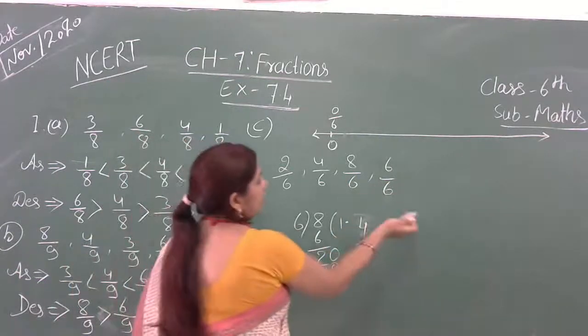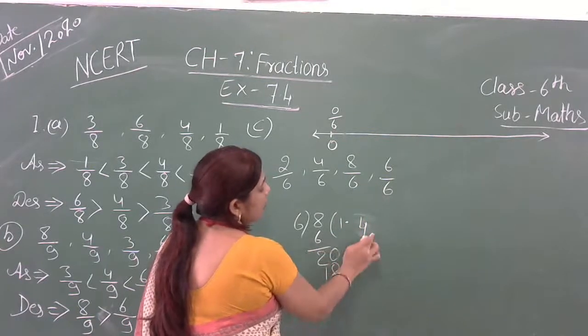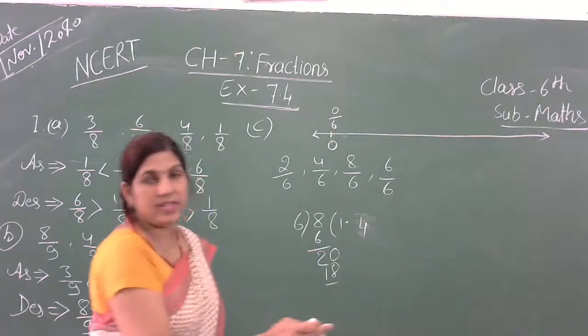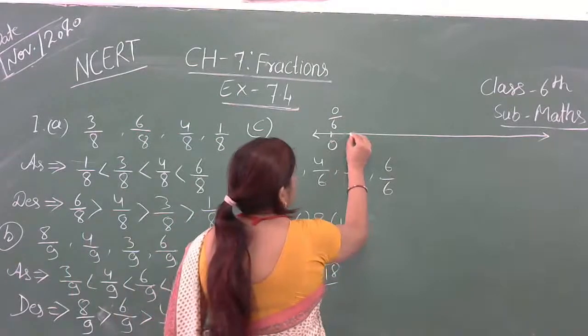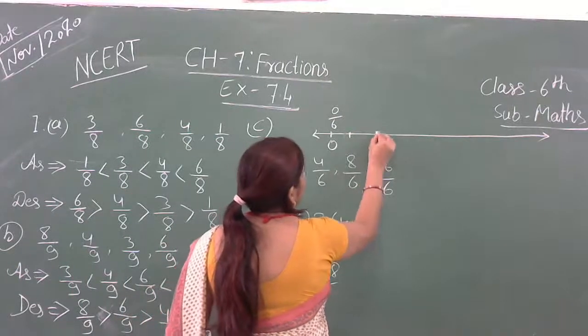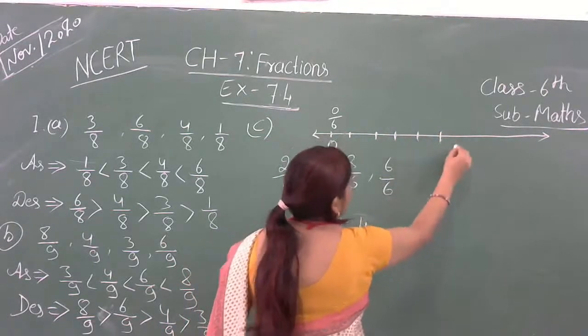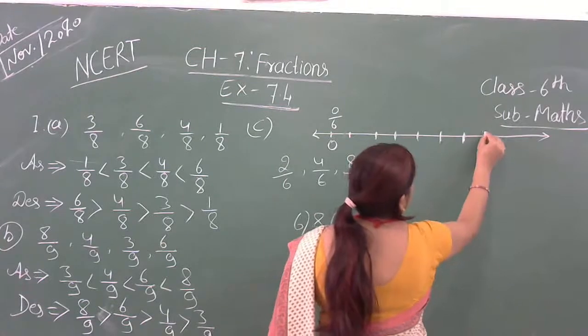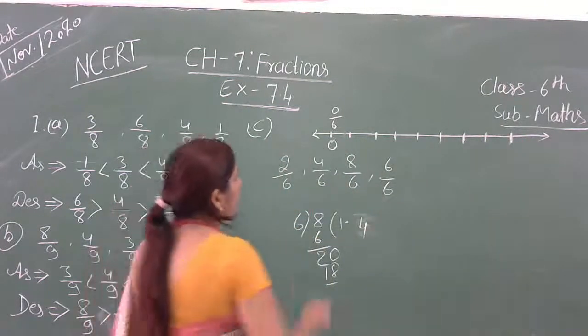So more than 1, 8 upon 6 will go beyond 1, 1.4, isn't it? So let's start: 1, 2, 3, 4, 5, 6, 7, 8. Okay. Now count it.